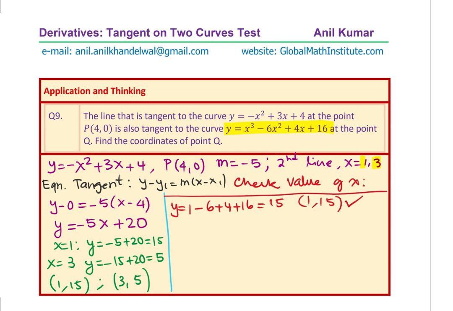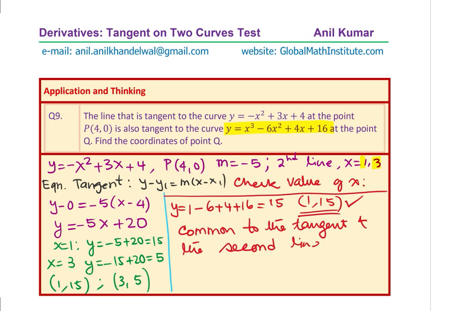So that becomes the point which is common to the tangent and the second line. Do you understand? That is important, right? So I'm leaving the check for the second point.